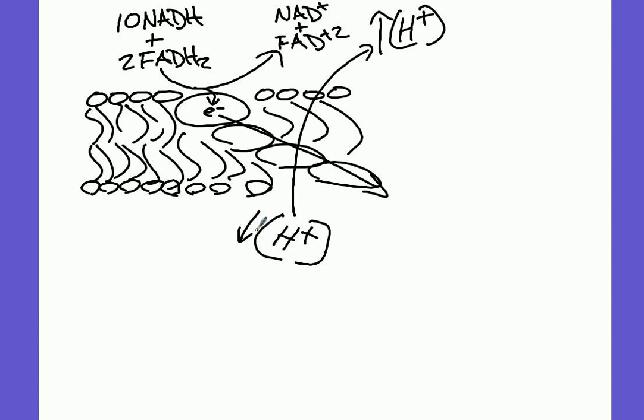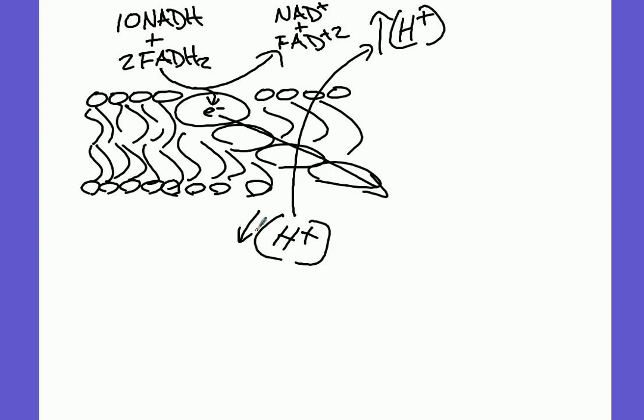But then two more things need to be in this picture. I have a problem. These electrons can only travel so far, right? I need something to catch electrons at the end of this electron transport. If I don't have something to catch electrons, then the electrons just end up in a traffic jam, essentially, right? They want to go, but they don't have anywhere to go, right?